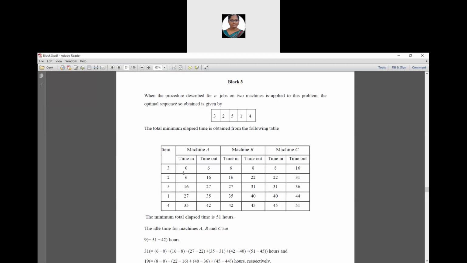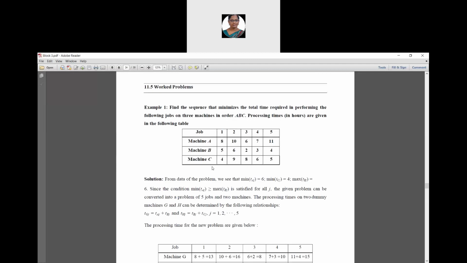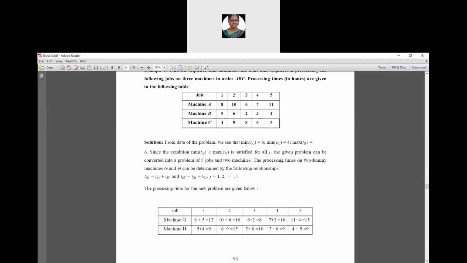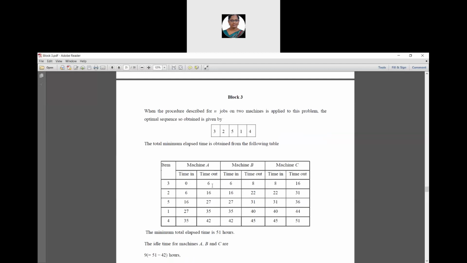The first time out value for machine A is calculated by adding the time in value 0 plus the processing time value for machine A in job 3. It is there in the problem. For job 3, the processing time value in machine A is 6. So we add the in value plus 6: 0 plus 6 is 6.